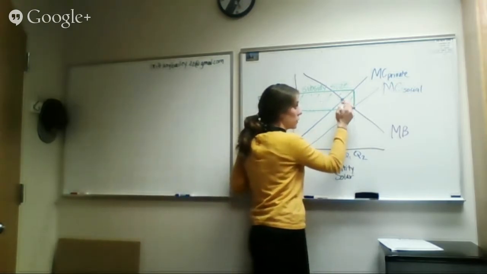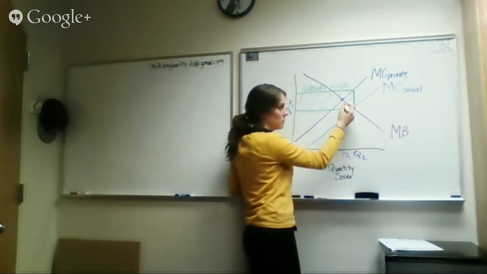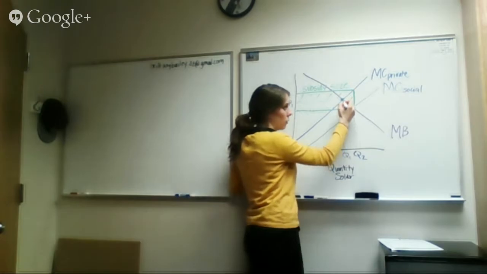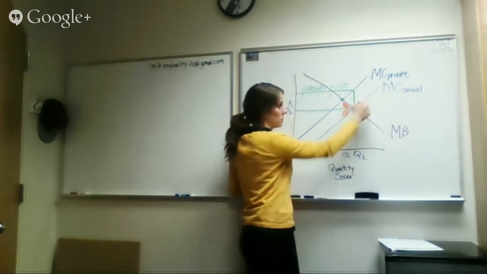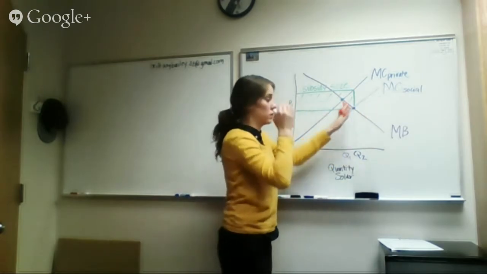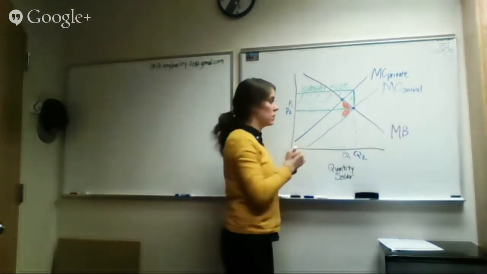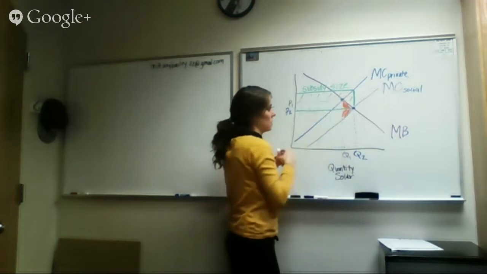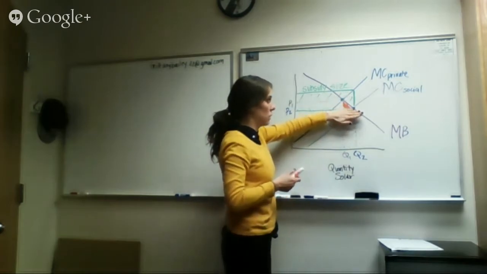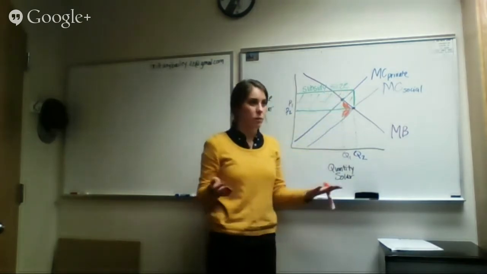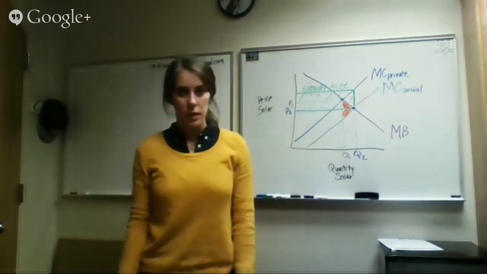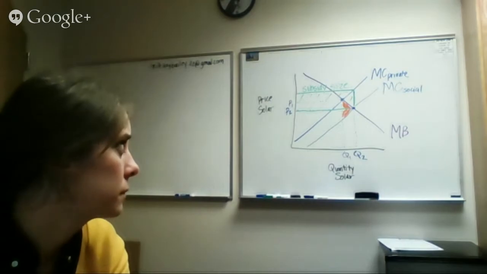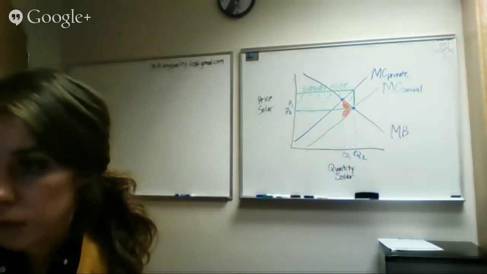If they were producing at this point when they were only thinking about themselves, they would have never produced in here. But according to the social marginal cost curve, they should have produced those points. And so this is the dead weight loss before the subsidy. And after the subsidy, there is none because we're at the correct equilibrium. So there is no dead weight loss for the subsidy.